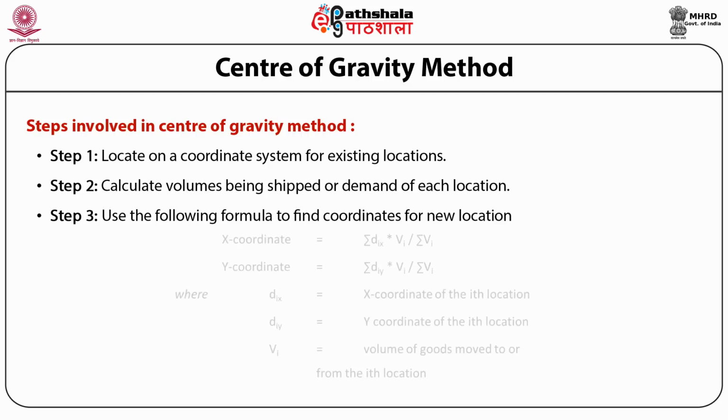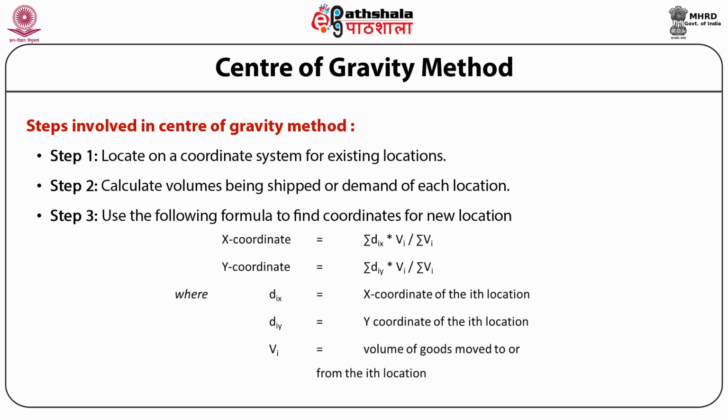The formula for the x coordinate is the summation of dix into vi divided by the summation of vi. Similarly, the formula for the y coordinate is the summation of diy into vi divided by the summation of vi, where dix is the x coordinate of the ith location, diy is the y coordinate of the ith location, and vi is the volume of goods moved to or from the ith location.